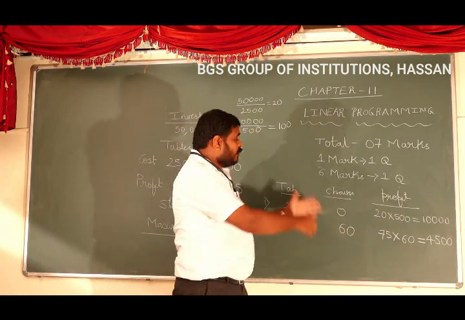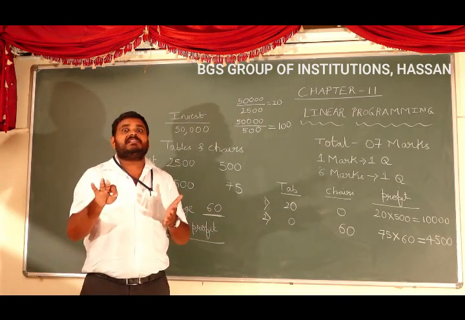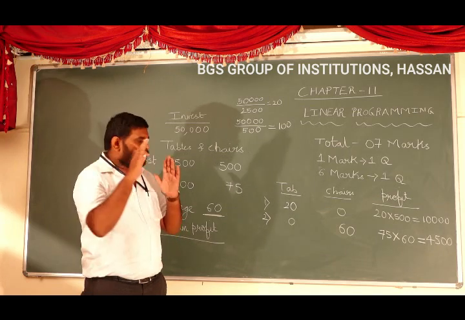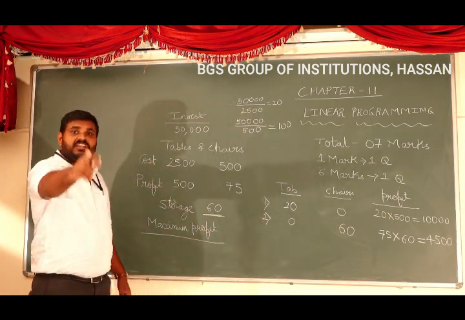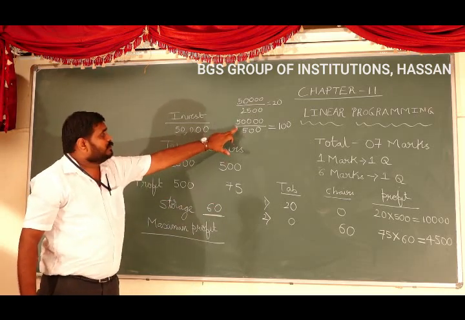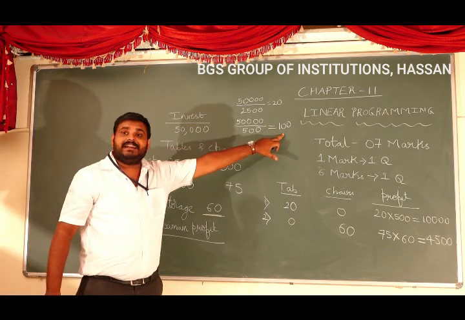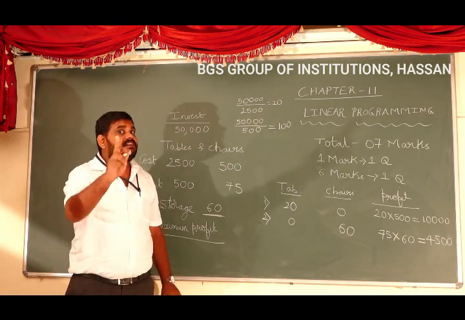Now, let us take one more condition where he will not have any tables. He will not buy any tables. He will buy tables 0. But for each chair, he will have a cost of 500 rupees, which means 50,000 by 500 is 100. Which means he can buy 100 chairs. But there is a condition.